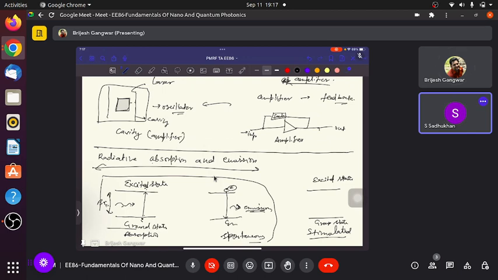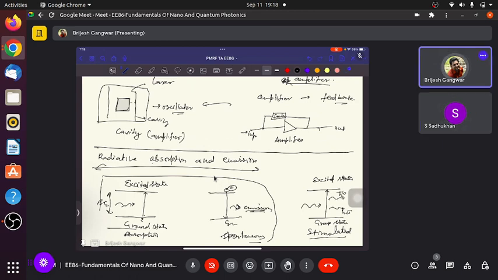But what is the difference between this emission and this emission? In this emission, one photon is coming, and then it emits, right? So why do we always draw two photons in the stimulated emission, while in spontaneous emission we only draw one?